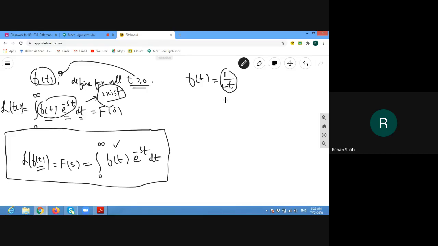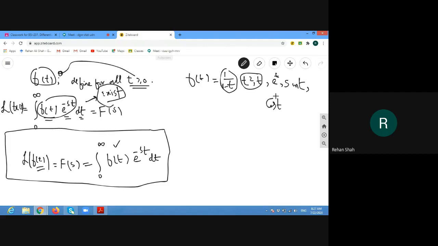But if you take t square, t cube, t, all these are defined for all t greater than or equal to 0. So it means you can define the Laplace transform for t square and t. e power t is also defined for t greater than or equal to 0. sin t is also defined for t greater than or equal to 0. cos t is also defined for all t greater than or equal to 0.